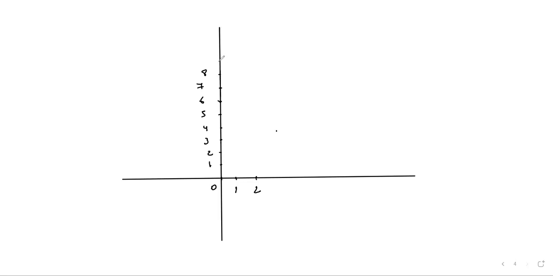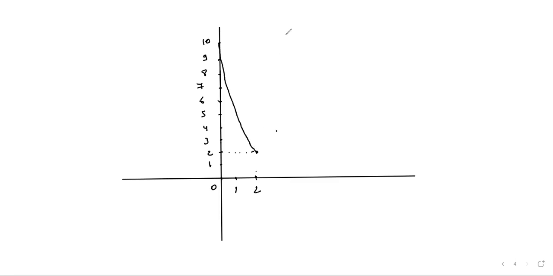Right, so 8, 9, and 10. And I know that the point (2, 2) is the vertex, and I know that it goes to 10. So this is the graph of f.